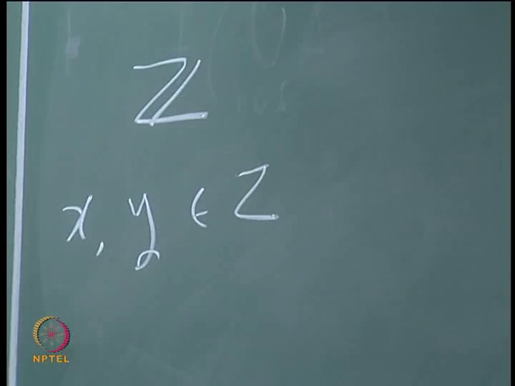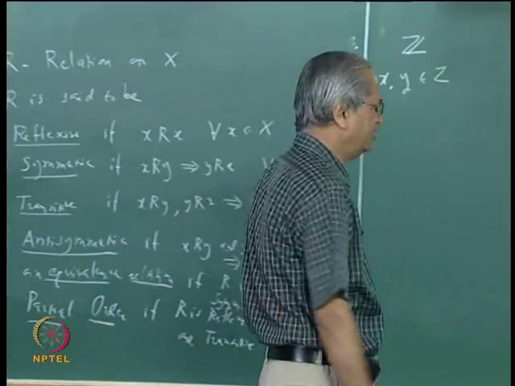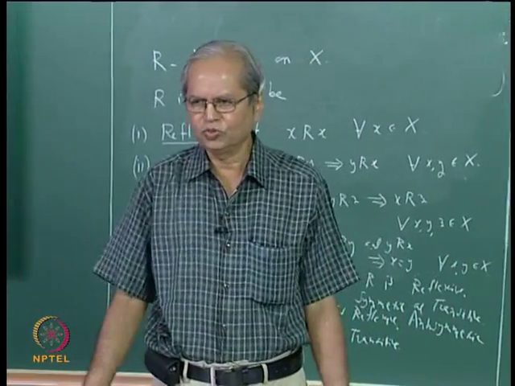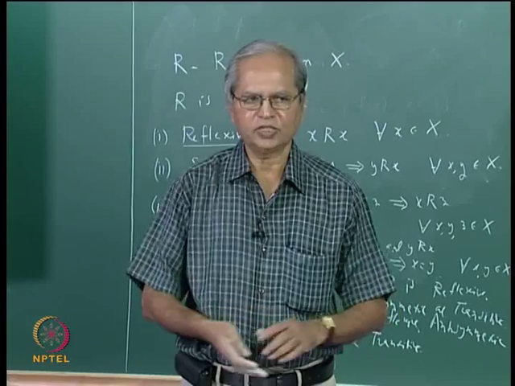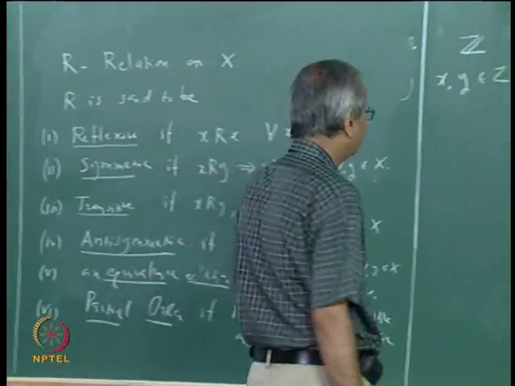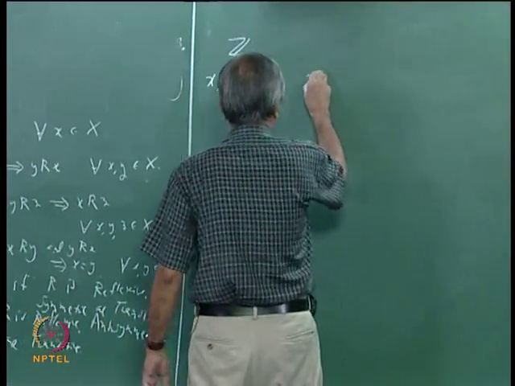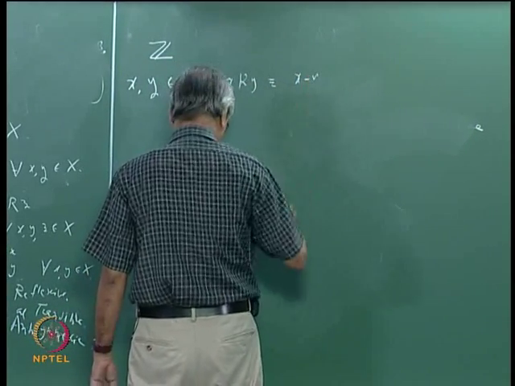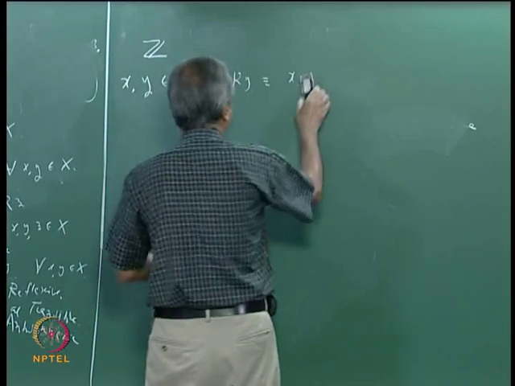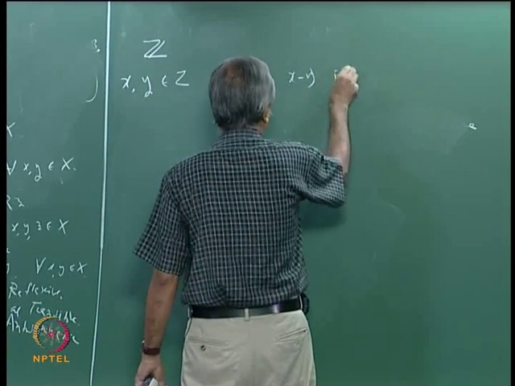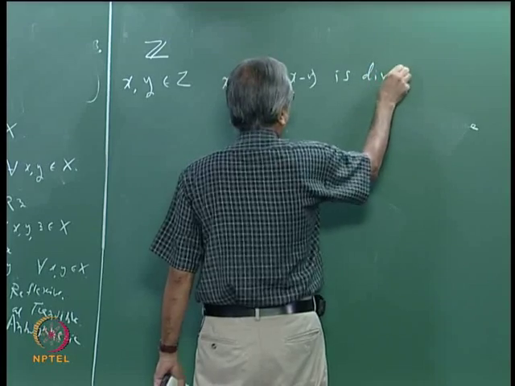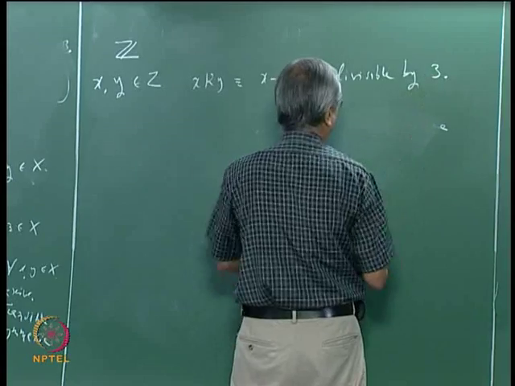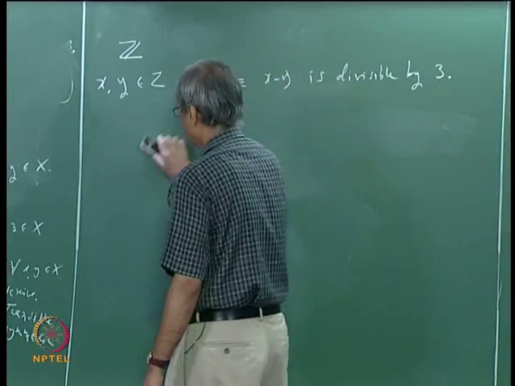Now this is a very well known relation, called x is equivalent to y modulo 3, but let us not use that term. I will simply say that x related to y means x minus y is divisible by 3.